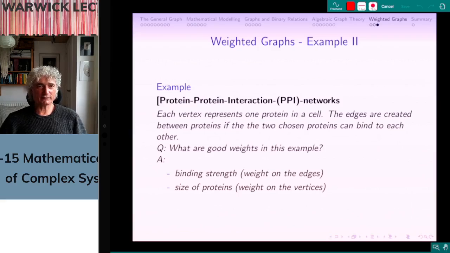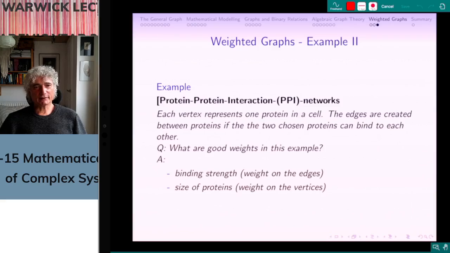That would be, for example, the binding strength of the two proteins. And binding strength, that's also important to note in this example, is of course an unordered relation, because if protein A binds to protein B, then protein B also binds to protein A. So you don't need to introduce arrows. You can really model this PPI network by an undirected graph.